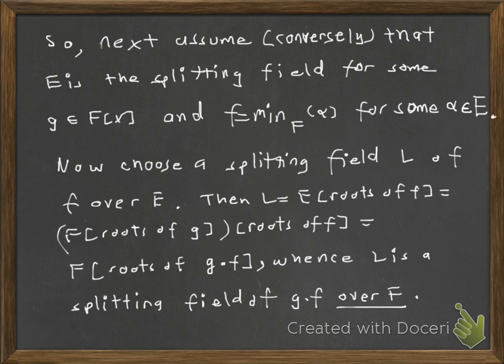We can find a splitting field L, say, of f over E. Then L is generated by E and the roots of f. But then E is generated by F and roots of g, which when combined yields that L is generated by F and the roots of g times f. So in the end, L is a splitting field for some polynomial over F.